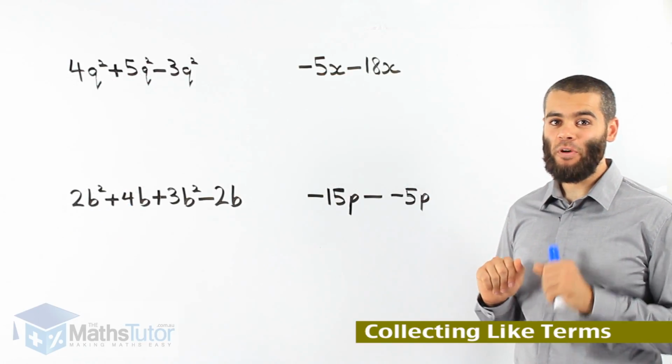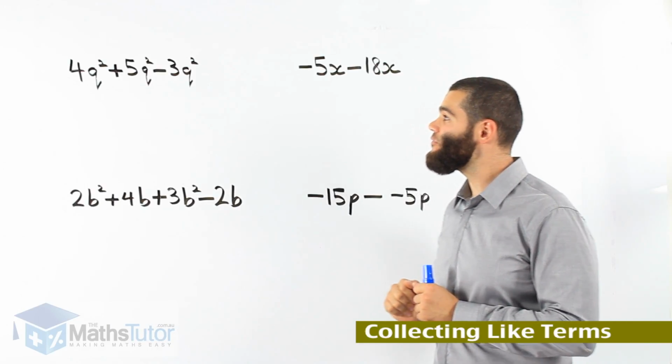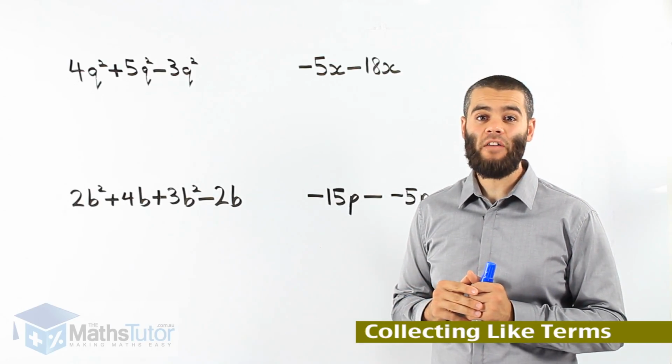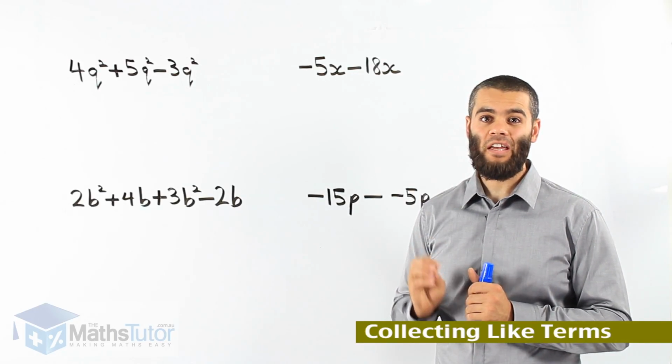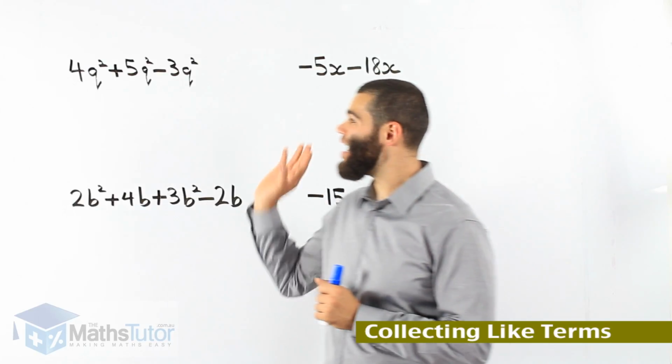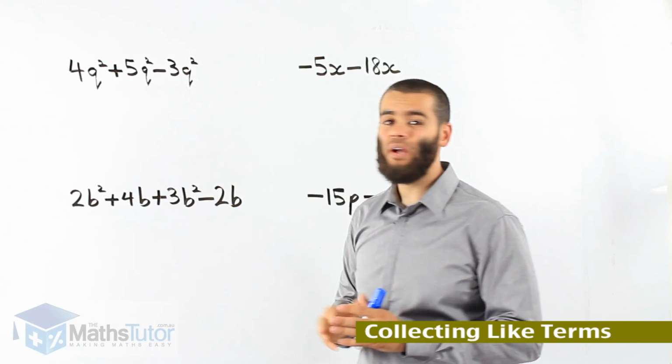Okay, more complex questions now. We're collecting like terms. We have 4q squared plus 5q squared minus 3q squared. Are they all the same pronumerals? Are they all like terms? Q squared, and q squared. Yes, they are.